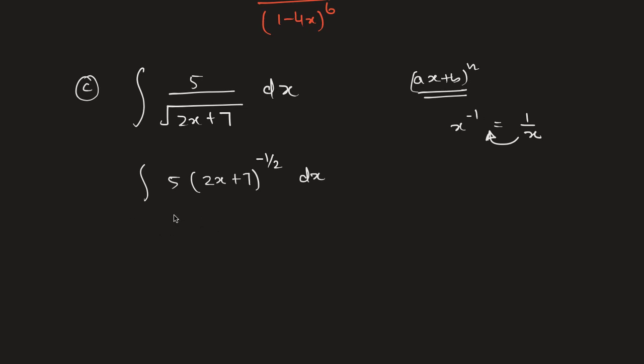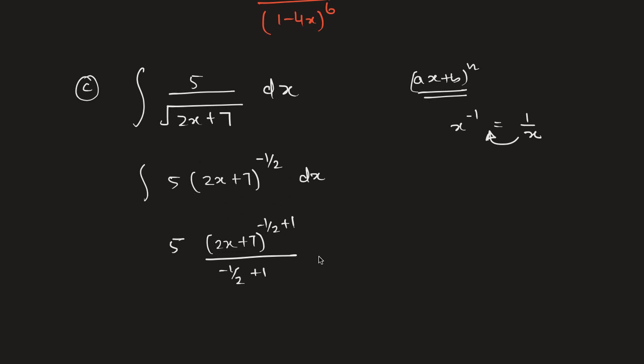Now let's integrate this function with respect to x. What we'll get is, 5 is a constant, we can keep it outside. Now integration of this would be (2x plus 7) to the power (negative half plus 1) whole divided by (negative half plus 1). Now this outer part is done. Now the inner part, differentiate this part.